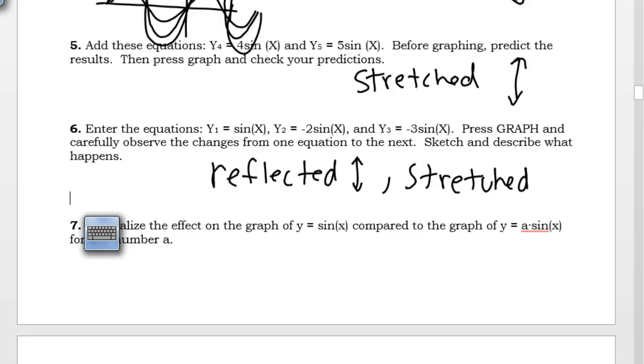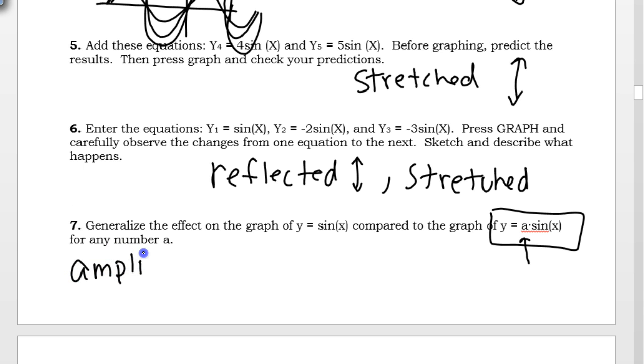So this is called amplitude. So the amplitude is the value where a is in my equation, the number in front of the sine or the cosine function, and it's actually equal to 1/2 the overall height.